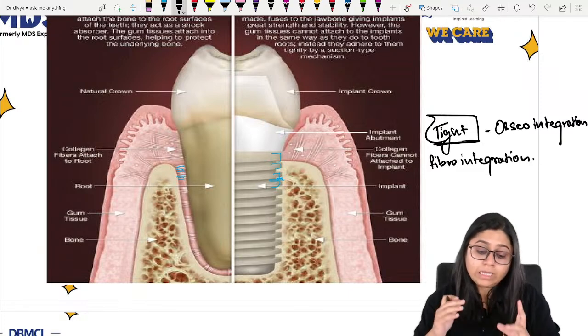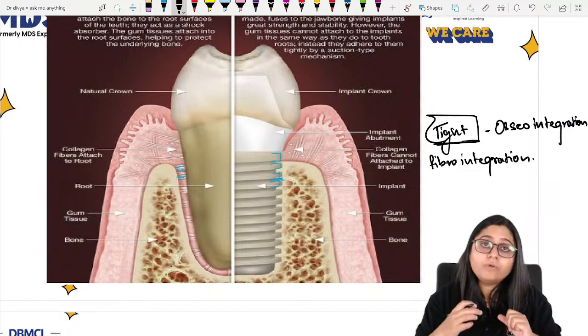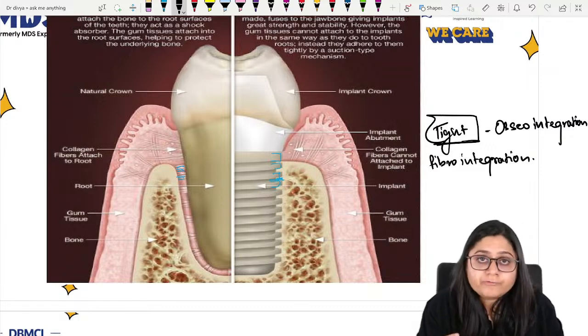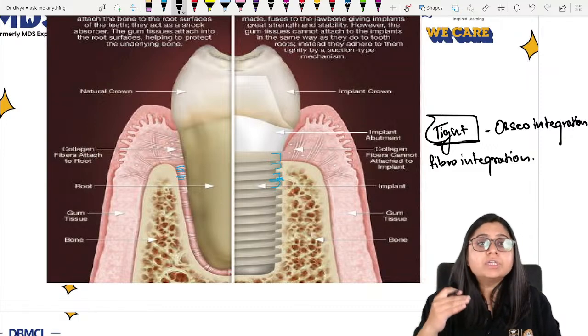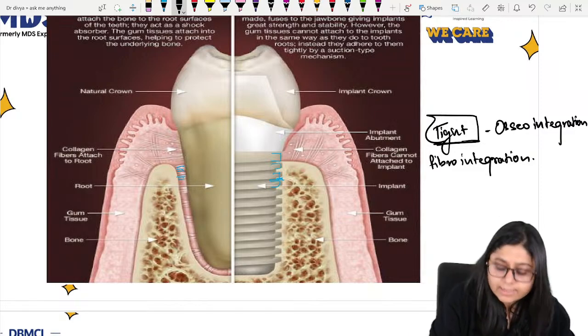Now let us talk about the soft tissue around the implant and the tooth. The soft tissue, the fibers which are here, the gingival fibers, the dentogingival unit around the tooth. Here you can see this is the dentogingival unit.